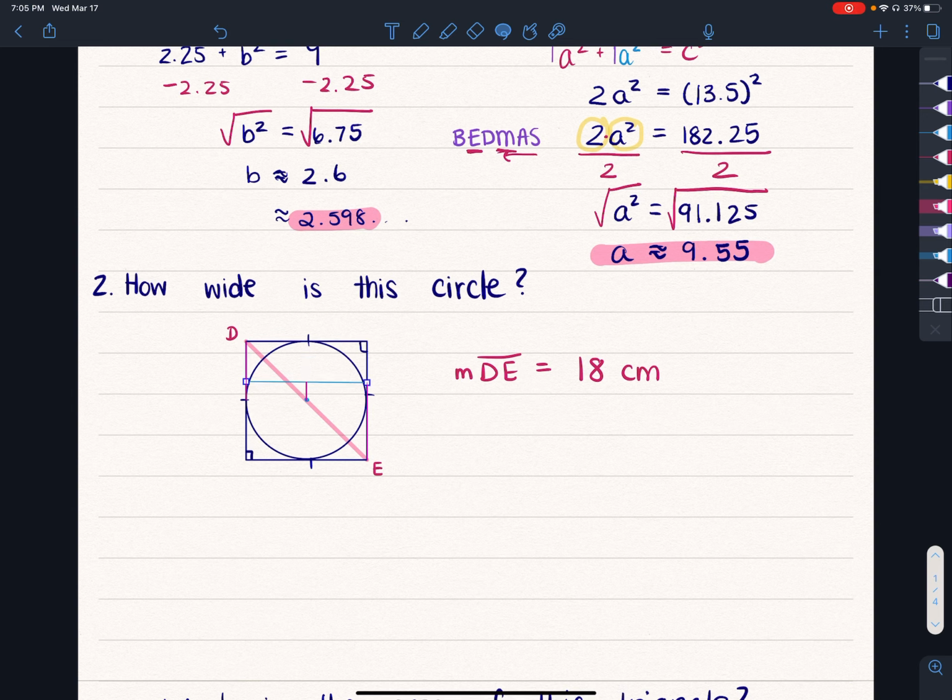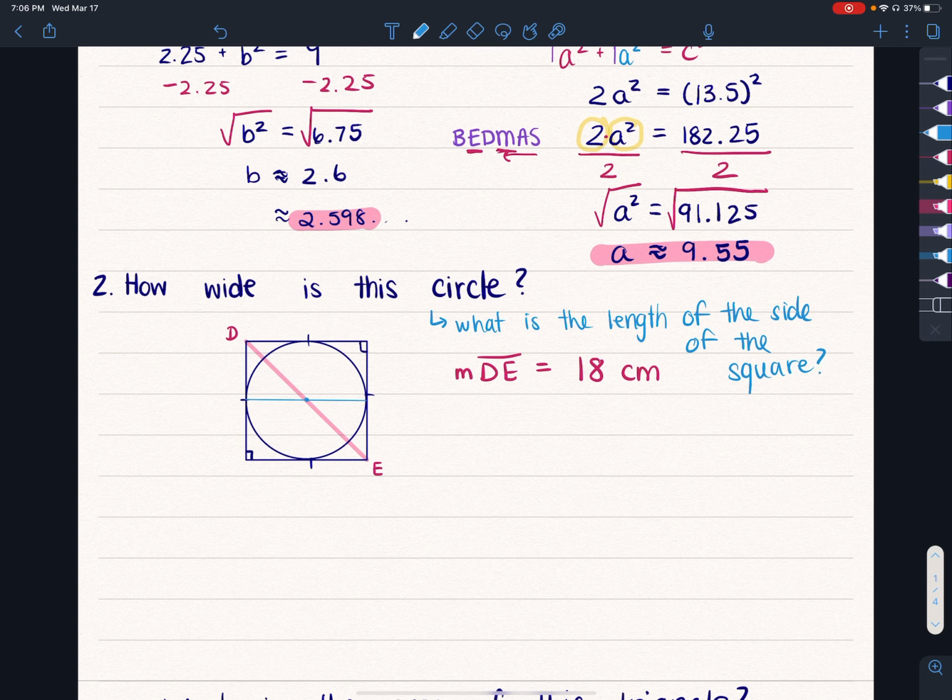So to answer the question of how wide is the circle, I can also ask, what is the length of the side of the square? The answer to this question is the same answer to this question because the diameter of that circle is the same as the length of the side of that square.